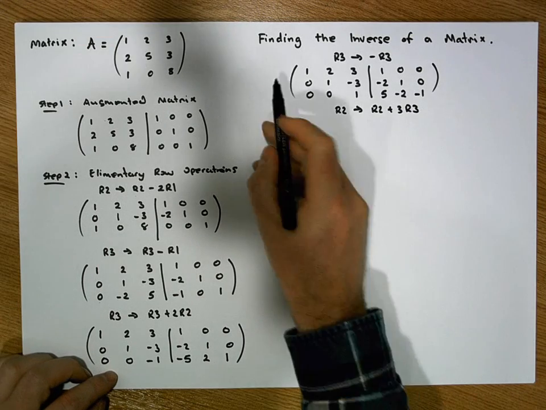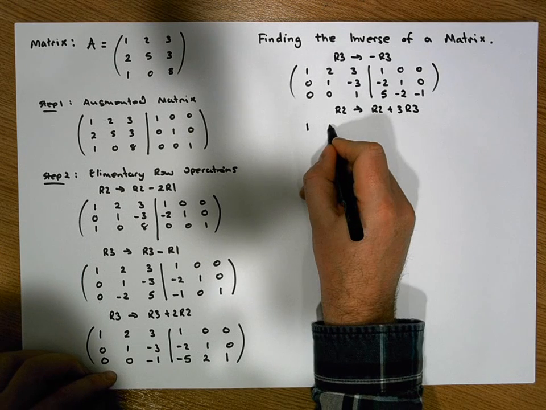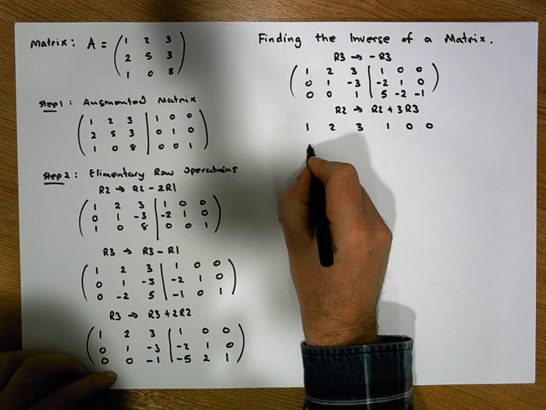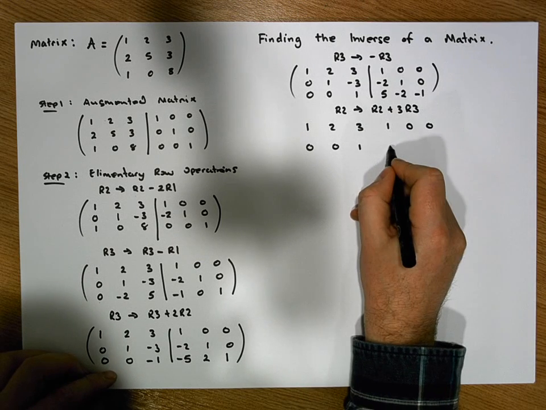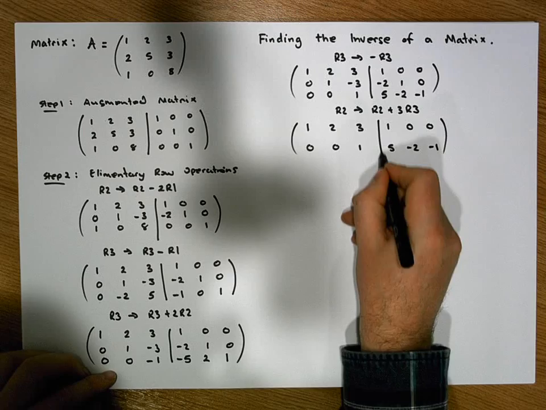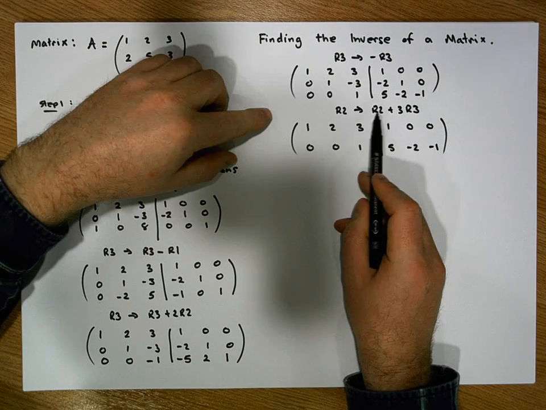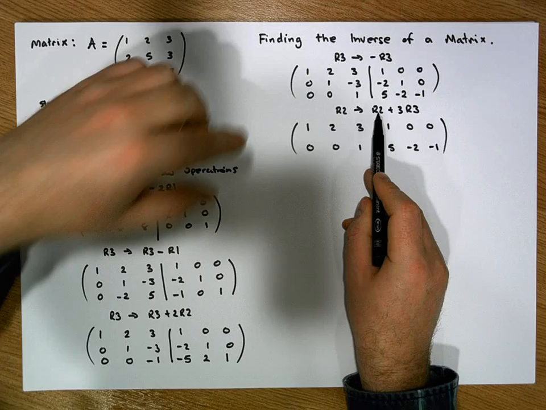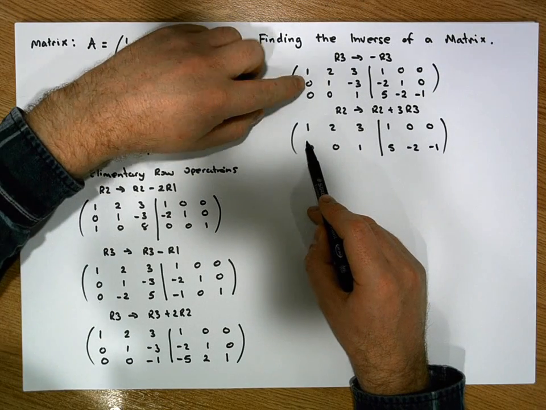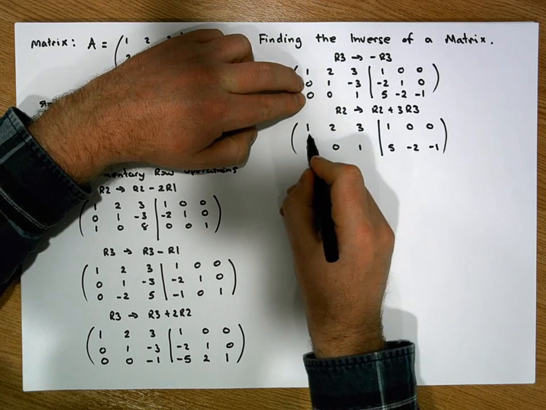Okay, so the only row to change now is row 2, so the other rows remain the same. So it's 1, 2, 3, 1, 0, 0, it's 0, 0, 1, 5, minus 2, minus 1. And it's row 2 that's being updated. So the new value in row 2 is the old value plus 3 times row 3. So the new value is going to be 0 plus 3 times 0 gives us a 0.